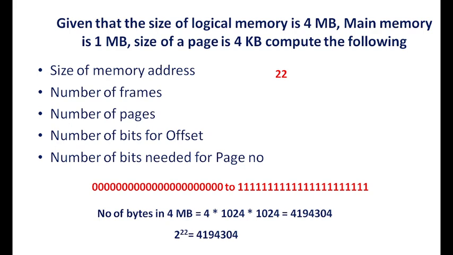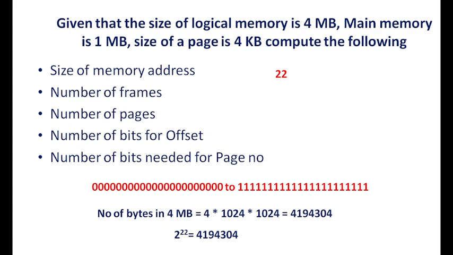Now the second information to be calculated is the number of frames. Frames are part of the main memory, so this question has to be treated as related to the main memory size. The size of the main memory is 1 MB. The simple calculation is that within 1 MB how many 4 kilobytes are there.